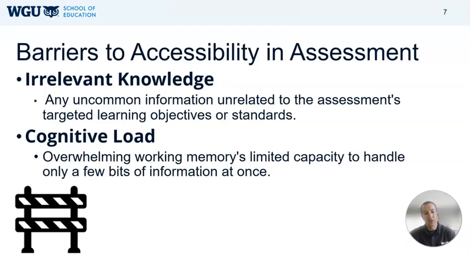And then we also want to make sure that we're aware of cognitive load. We don't need to try to overwhelm somebody's memory or ability to handle information or work through reading levels. Again, here, if we're after questions in a math test and we want to know if somebody has that skill or ability, we want to avoid very wordy and higher than grade level reading levels for our word problems because we might see some folks that struggle through reading those word problems and are not able to apply the math skills that they have.